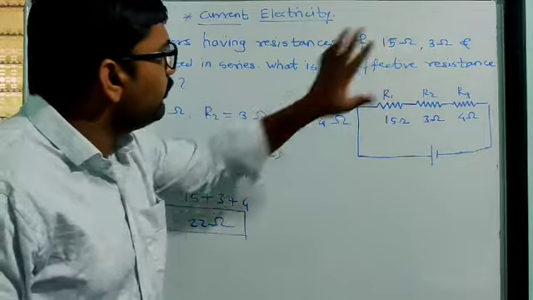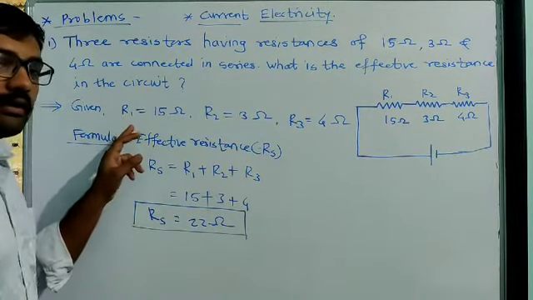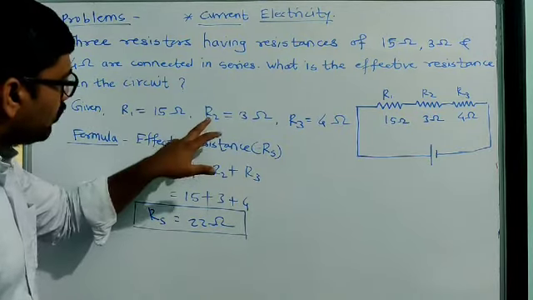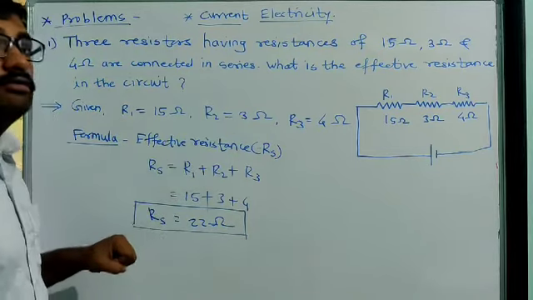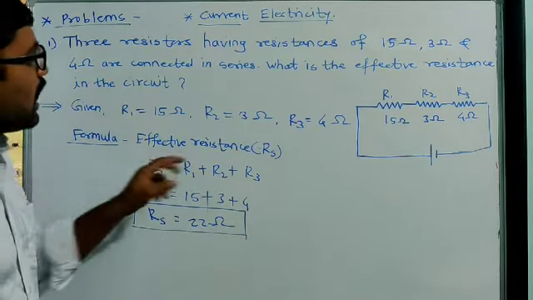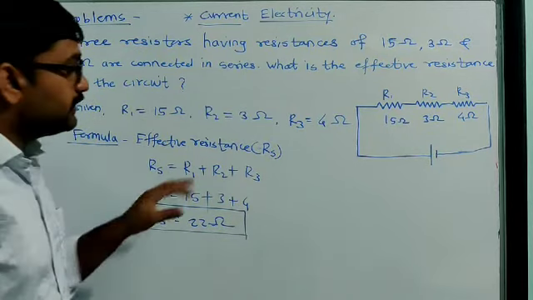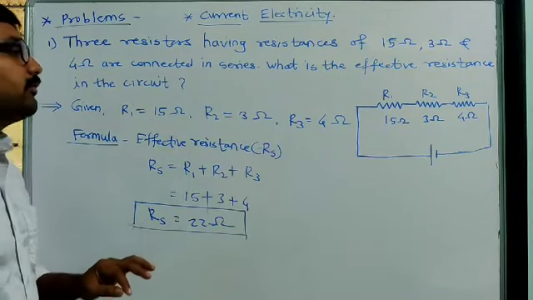So the first resistance, R1, has value 15 ohm, then the second resistor R2 has value 3 ohm, and the third, R3, has value 4 ohm. In such a way we always have to first write the given quantities of the problem.